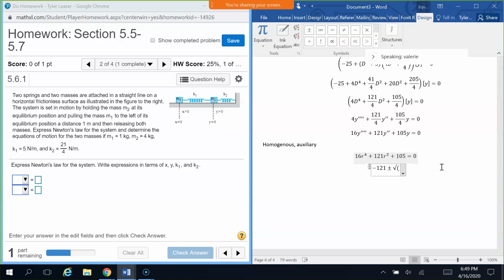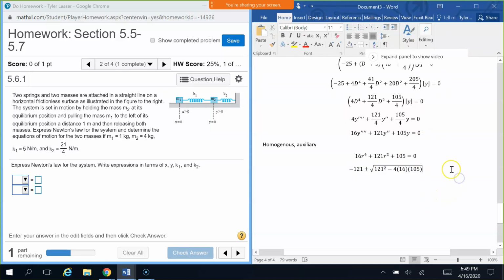I'm still using my calculator, that's okay too, just plug it in. Oh, I forgot to make it a fraction. It's not 2, it's divided by 32.